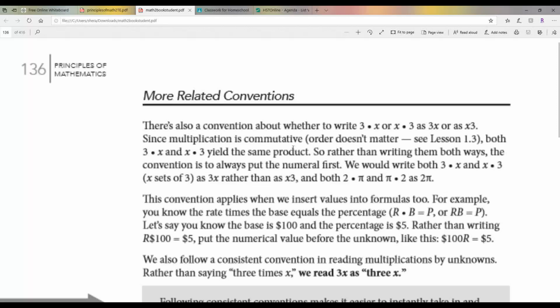So we would write both 3 times x and x times 3 as 3x rather than x3, and both 2 times pi and pi times 2 as 2 pi. So the convention is number goes first, variable goes after it, and it means times. When I say a convention, that simply means that's pretty much what everybody knows to be true.